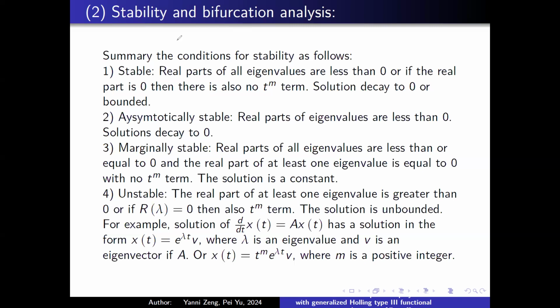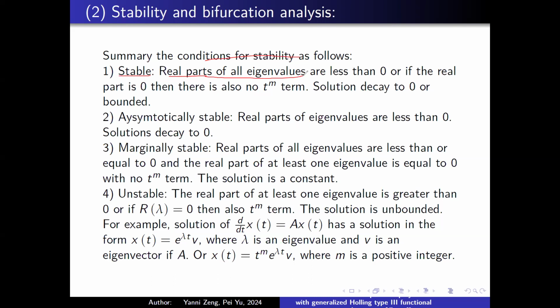In more detail, we can summarize the conditions for stability, and it's easy to use. It's convenient for investigating the stability of the equilibrium points. For the stability, on the real part, what is the real part? The real part of eigenvalues.